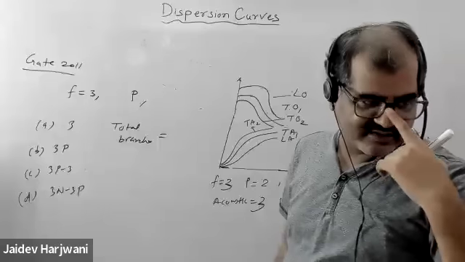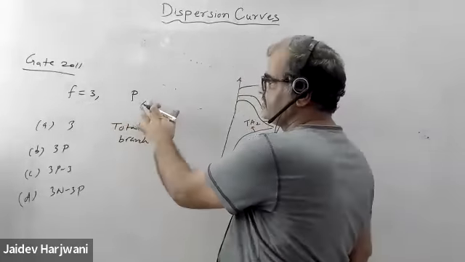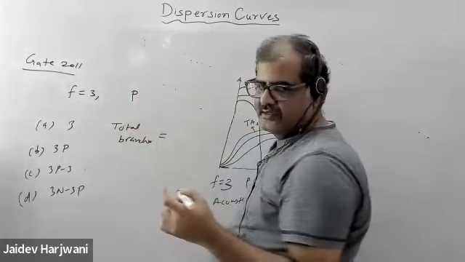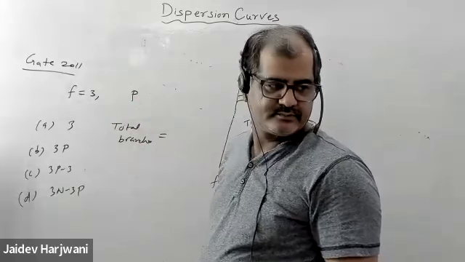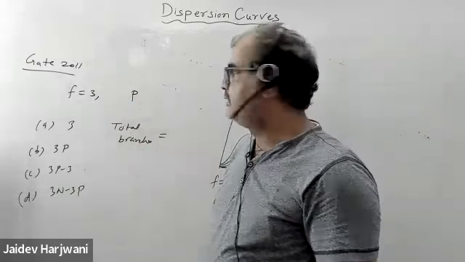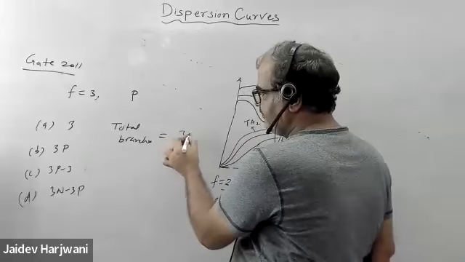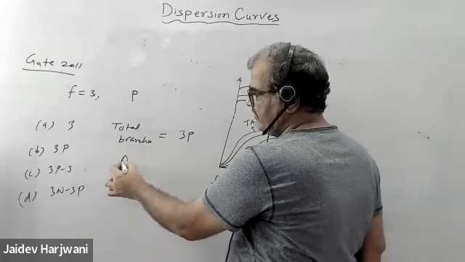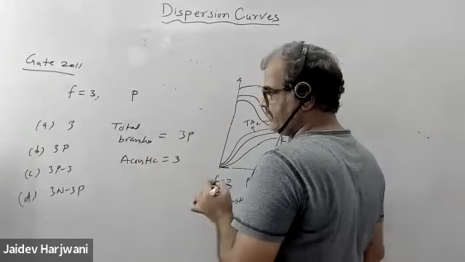Just now someone asked a question. If you have F equal to 3 and a basis of p atoms, number of atoms are p, then total branches will be how many? Total branches will be 3p. Out of 3p, acoustic will be 3.